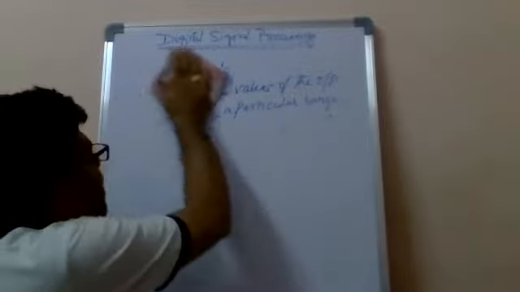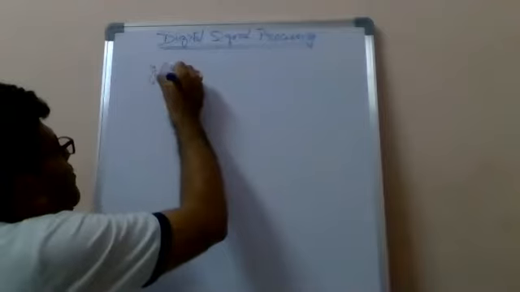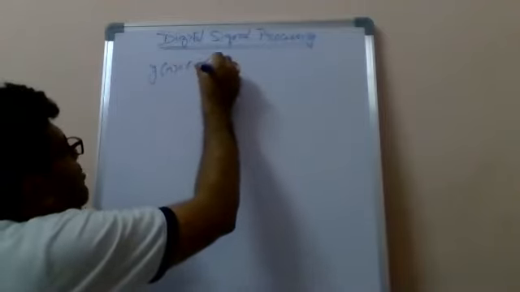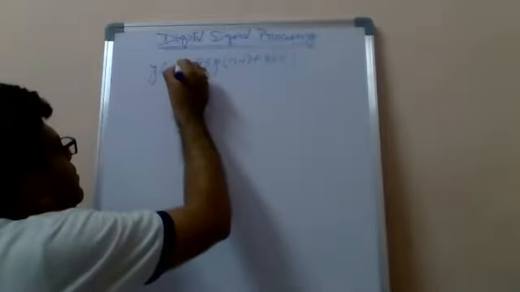Now let us take an example to observe how these limit cycle oscillations impact your filter performance. Consider the example y of n equals 0.95 y of n minus 1 plus x of n.